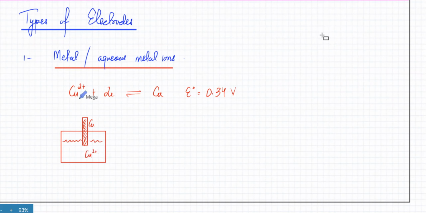And you're just going to connect it with a voltmeter and with a reference electrode, which is your standard hydrogen electrode, which I haven't talked about yet. So that's the first type of electrodes. These are the ones that we drew. Is this clear?